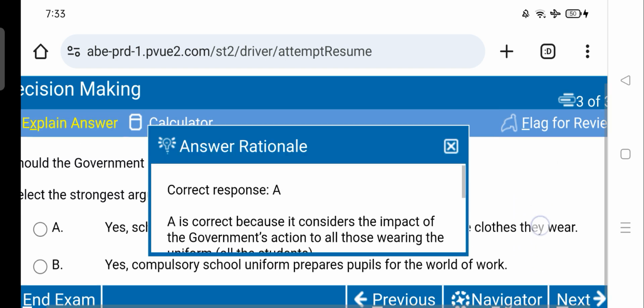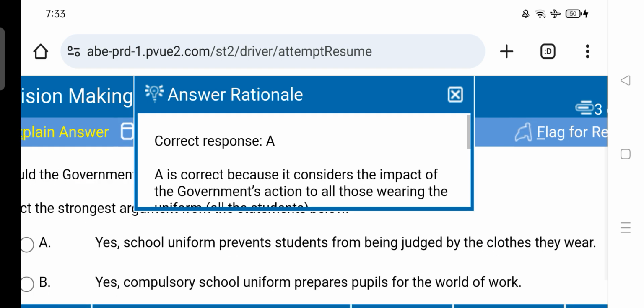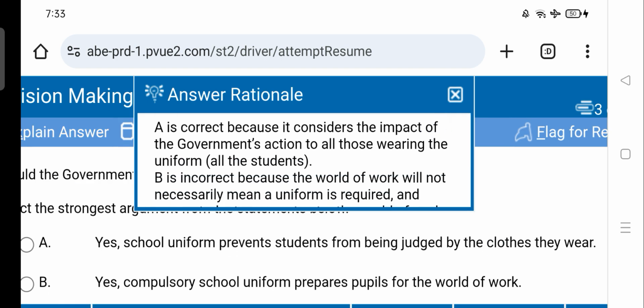So here the correct response is A. It is correct because it considers the impact of the government's action on all those wearing the uniform.